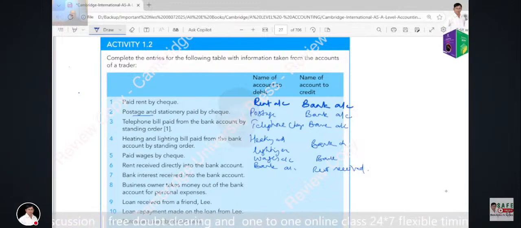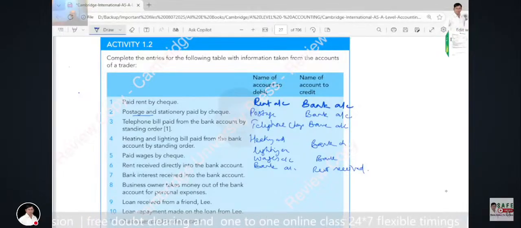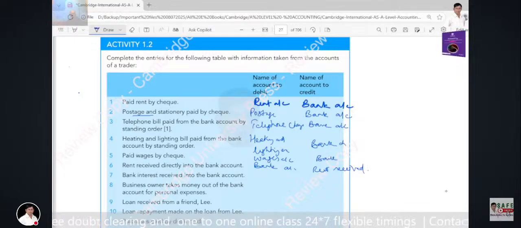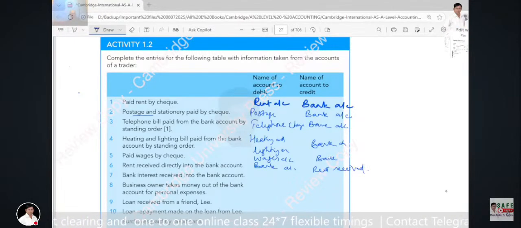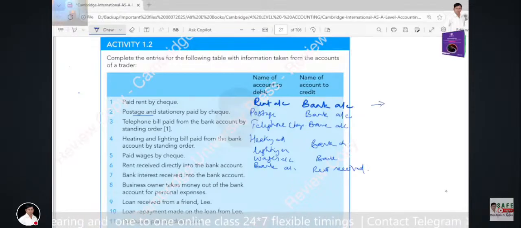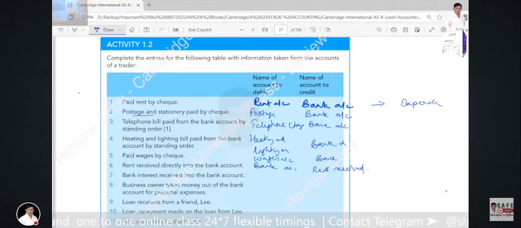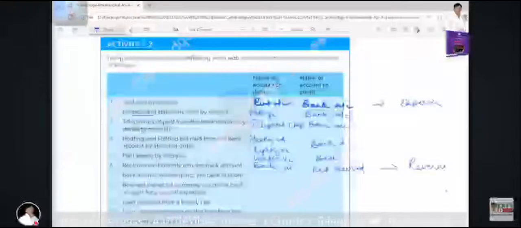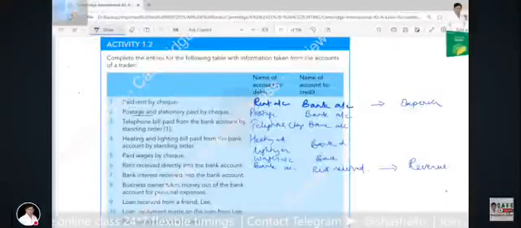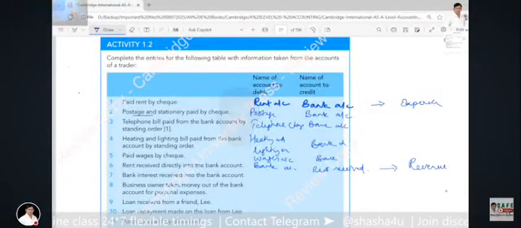You have to specify because rent paid is separate and rent received is different. Paid rent is an expense. We cannot mess up. That is the disclosure concept, which says that we have to disclose everything in detail.